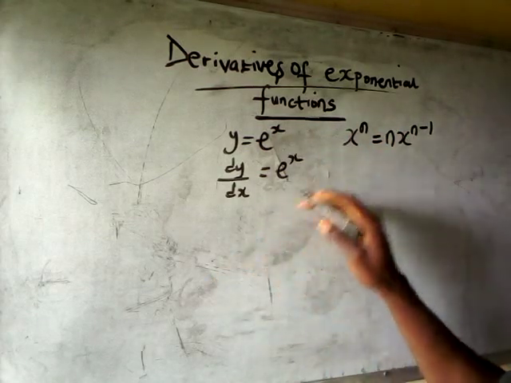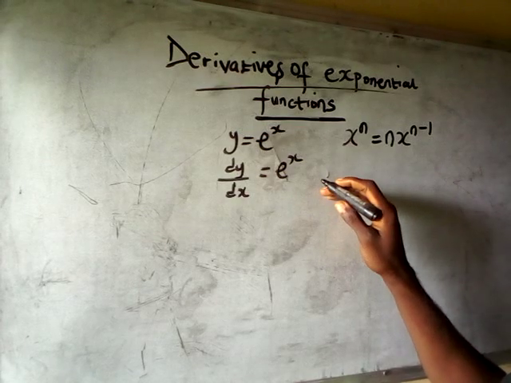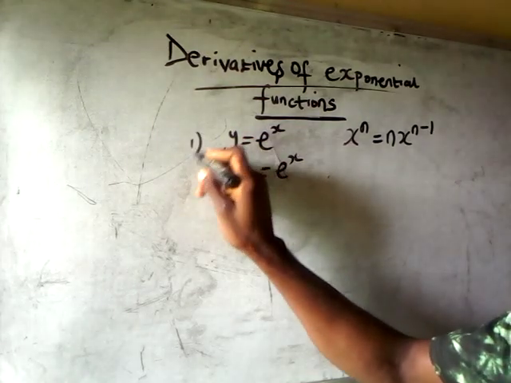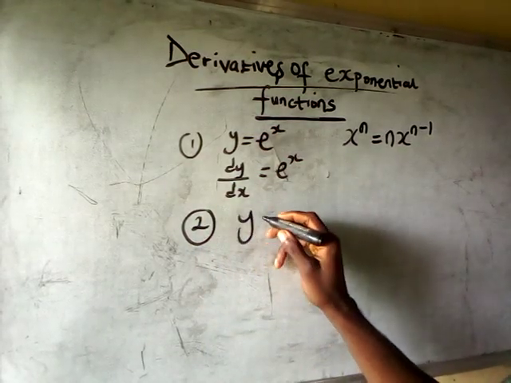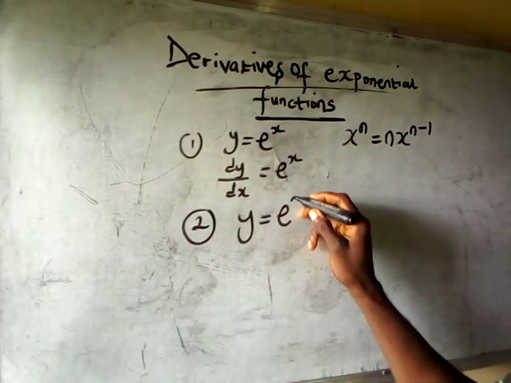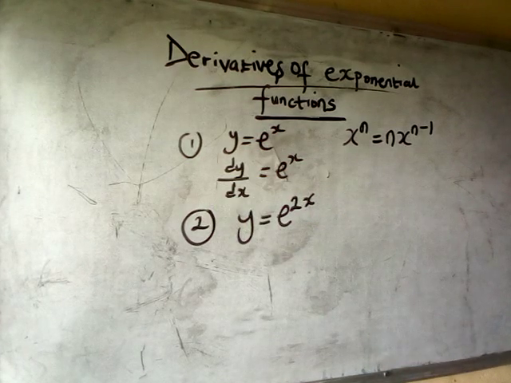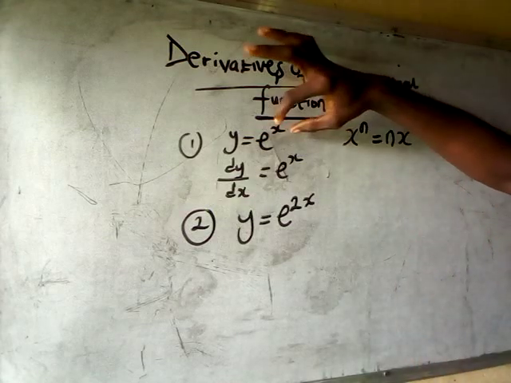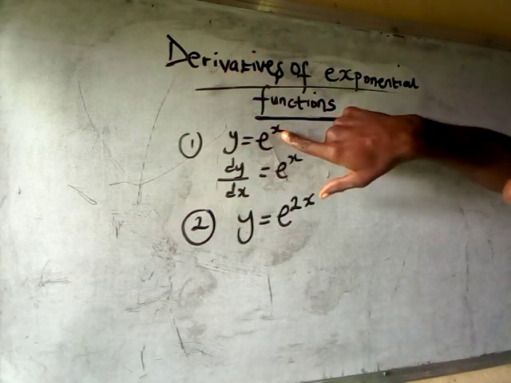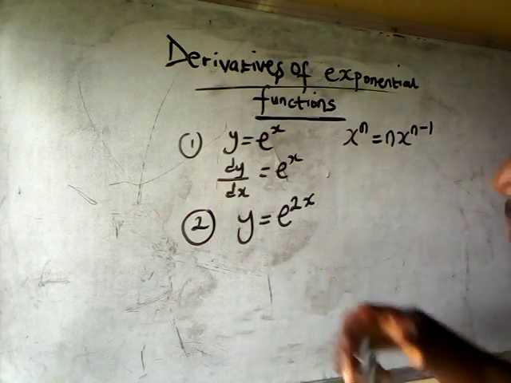If we have something like this, y is equal to, look, this is number 1, this is number 2. If we have y is equal to exponential 2x, why is it that the derivative of this is equal to this? It's because if we pick x to differentiate, the derivative of a variable is 1.